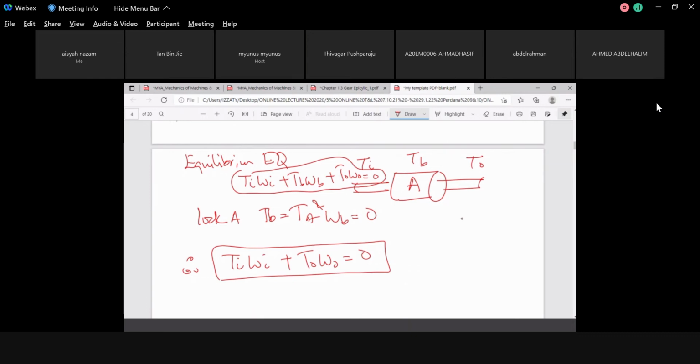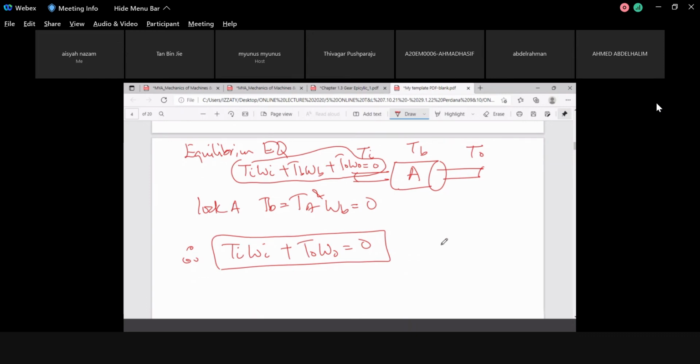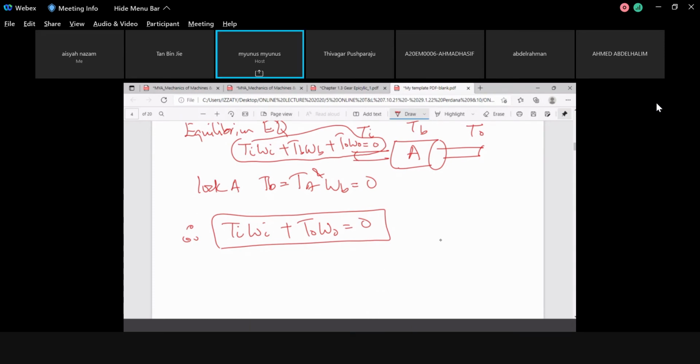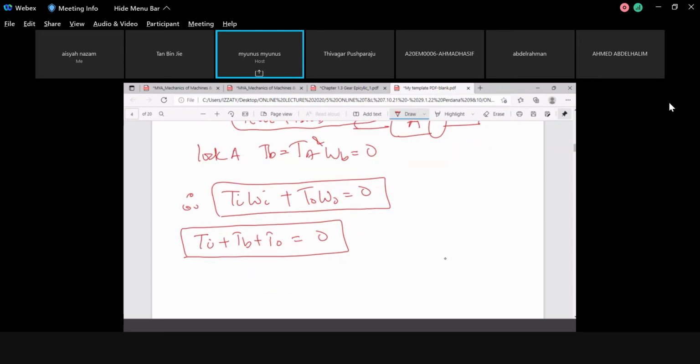So that is one. The other one is, you know that for equilibrium, Ti plus Tb plus To must be equal to 0. And the efficiency given is always Po by Pi, so equal to To omega O by Ti omega I. Not to forget that this To and omega O are always running in opposite directions. Remember, I did mention and show you earlier, isn't it?